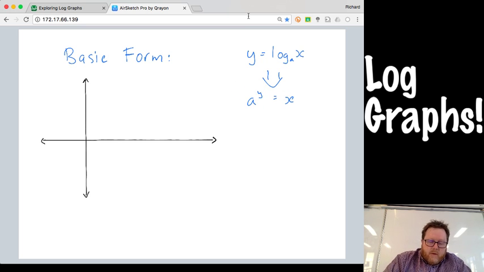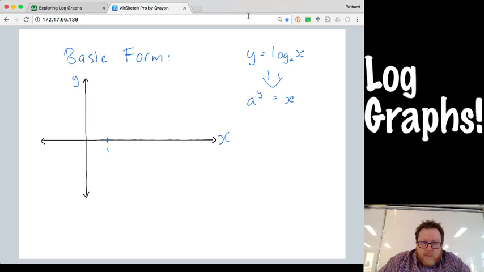So on our graph over here, if this is our y axis and this is our x-axis, then when y equals 0, x is equal to 1. So let's pop a point in there. And we know that the logarithm function will be 0 at that point. Okay, it's a good start.